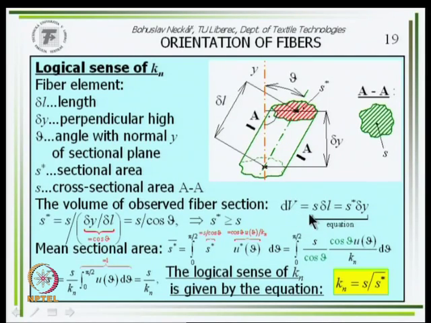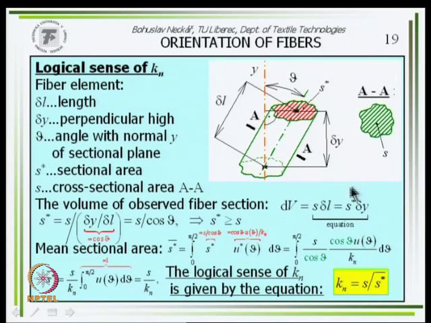It can be done using two equivalent methods, which you know from high school. One is cross-section area S times length delta L. The second is sectional area, red shaded, times height delta Y. Both give the same result.